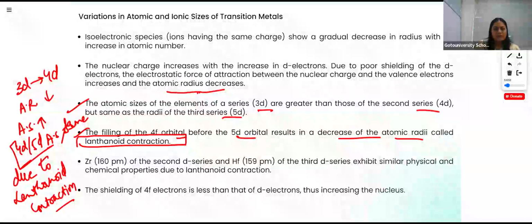If we talk about 4f, the nuclear charge is increasing while the size increases.